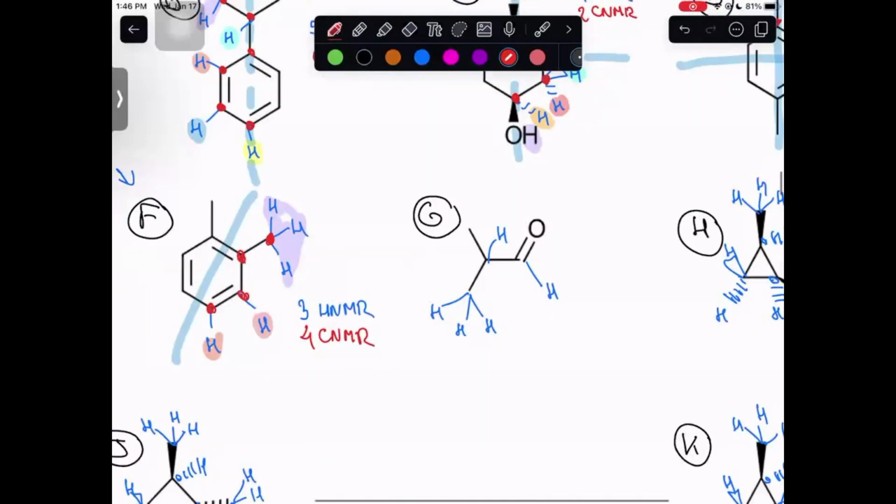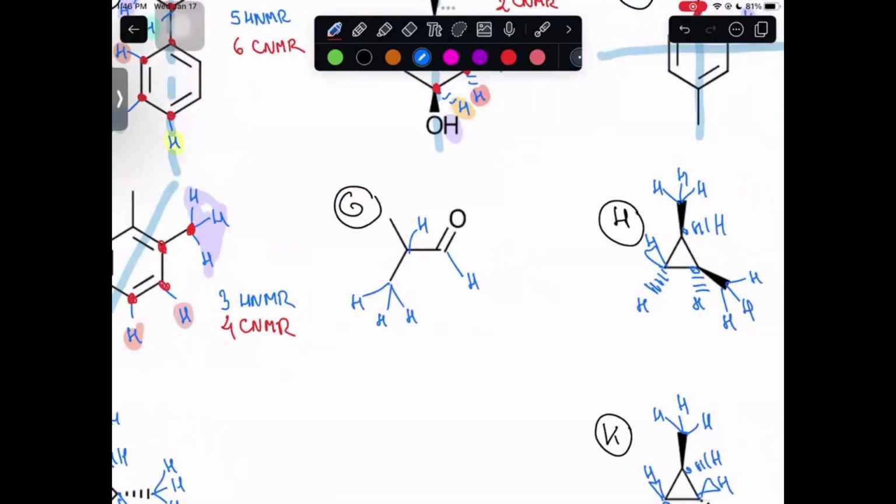Now, for G, do you have any planes of symmetry? No. Okay. How many HNMR signals do you see? It is gonna be 3. What about CNMR? 3 as well. Okay, so let's look at this molecule again. For HNMR, first one, that little hydrogen sticking out of the carbonyl group.